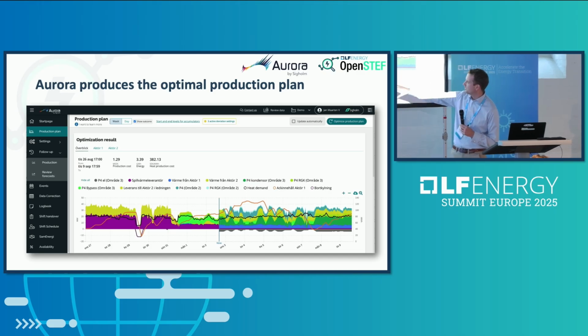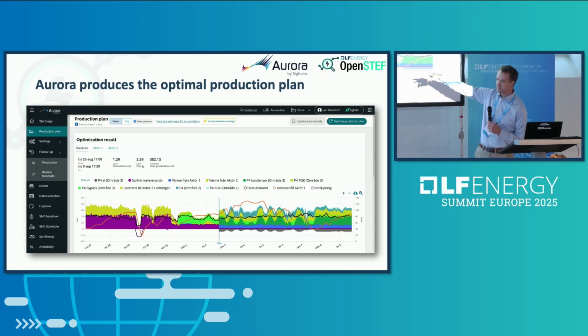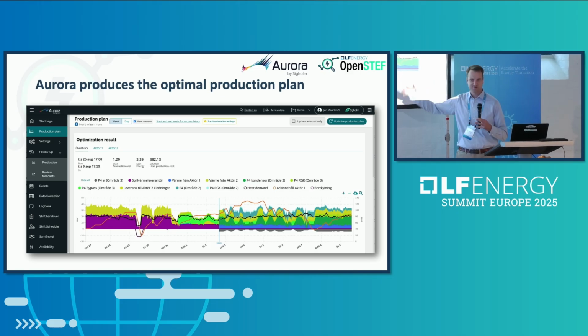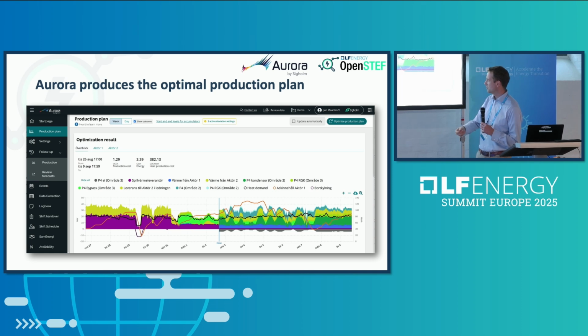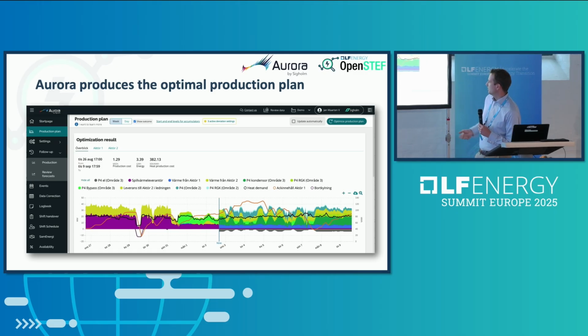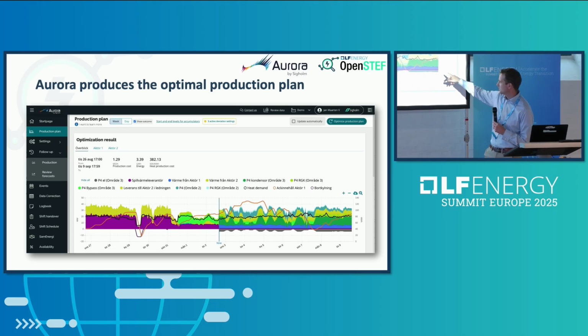So how does this look? Often a plan of Aurora looks like this. There you can see the history. Each color represents a unit. That can be this biofuel unit or even oil. So sometimes we need to burn oil. And on the left side, you can see this black line is the forecast in this case.